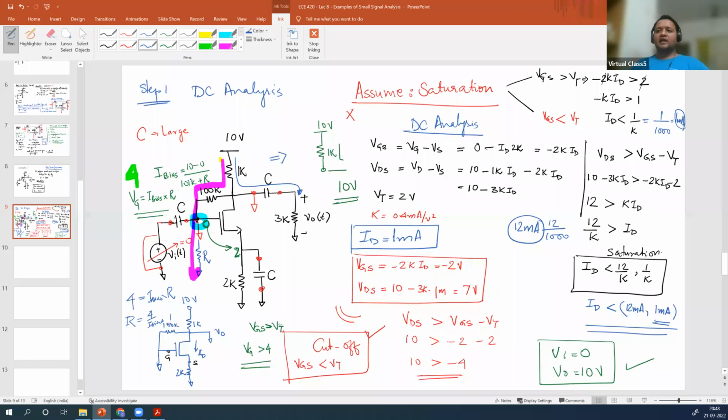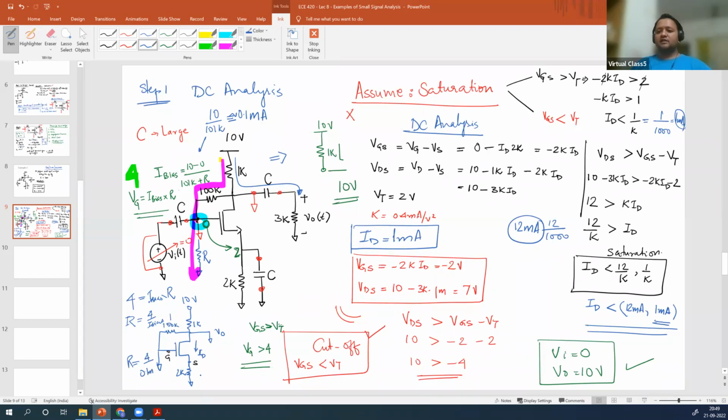So for all practical purposes, you can find out the current. What will be the current value? 10 divided by 101K. That is 0.1 milliampere approximately for practical purposes. So now your R will be given as 4 divided by 0.1 milli.